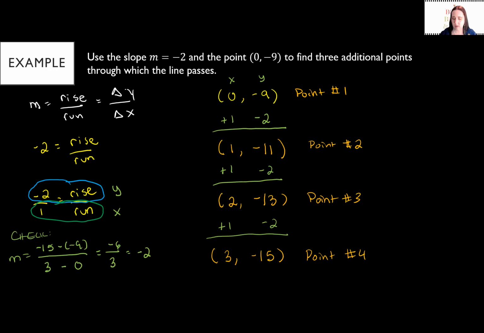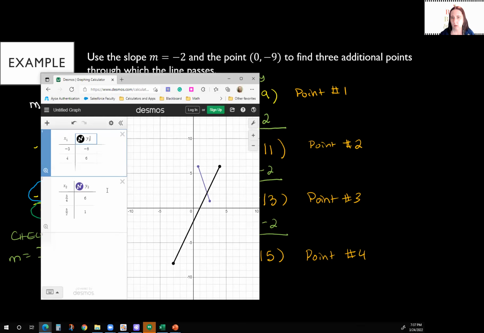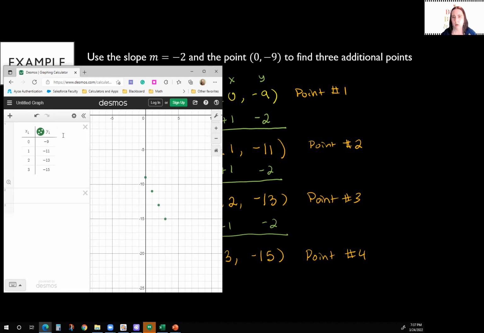So if I go back to Desmos, I'm going to use the table with the values that we have here. So I've got 0, -9, and then I generated 1, -11, 2, -13, and 3, -15. I'm going to have to move down here. So when I connect these, they do form a line.